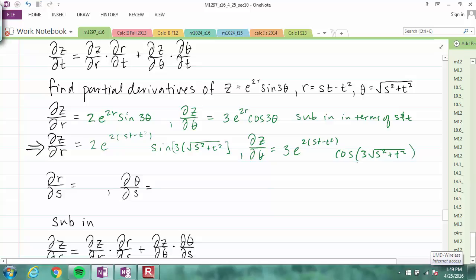So those are just the partials that were the leading things here, dz over dr and dz over d theta. You need to find the dr over ds and the d theta over ds. Fortunately, they're pretty easy. Look at the r function, and holding the t constant, all we get there is what?